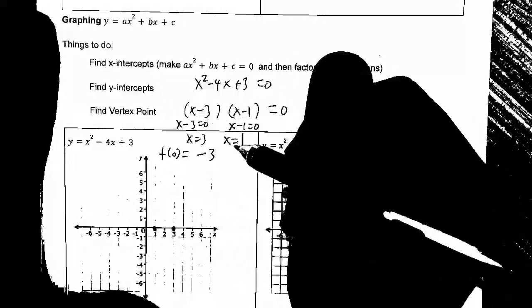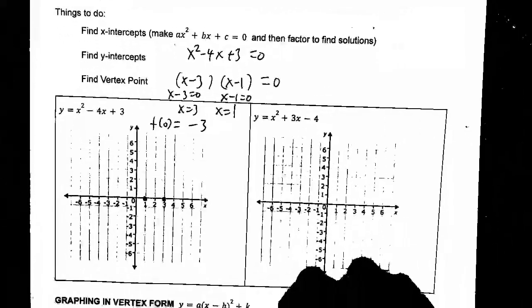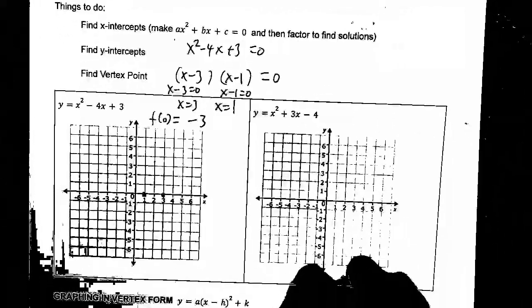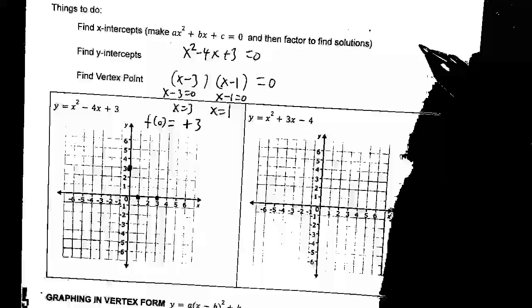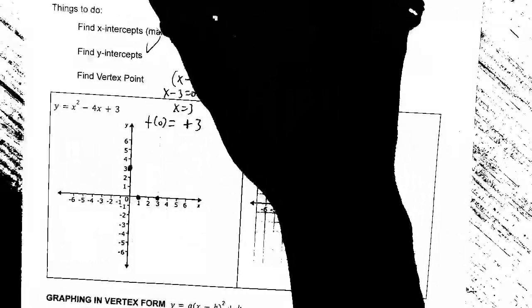How do you know it's positive 3? Is it just plugging 0 in for x? Yeah, you're just plugging in 0 for x. So we got our y-intercept, we got our x-intercepts.